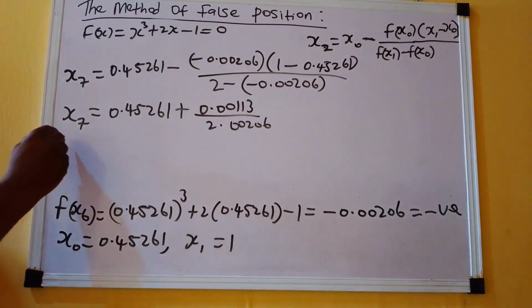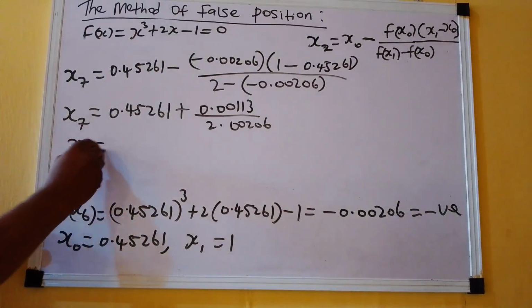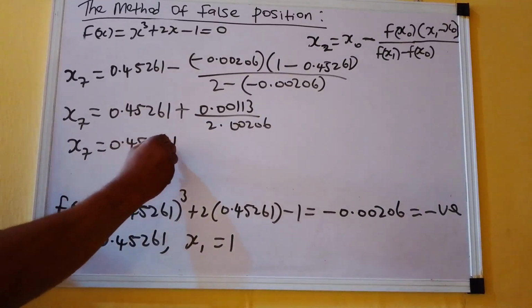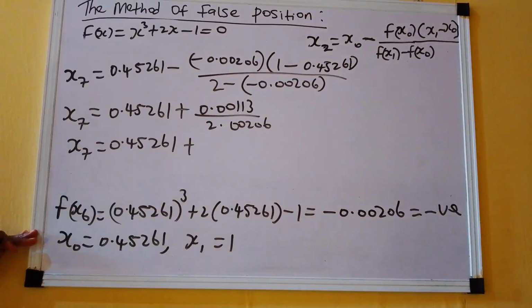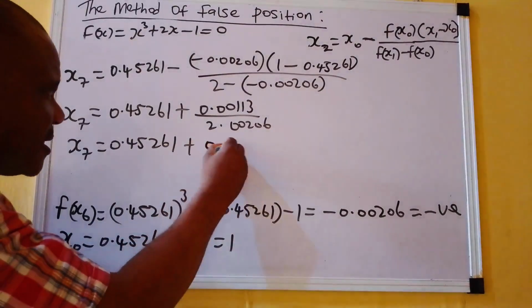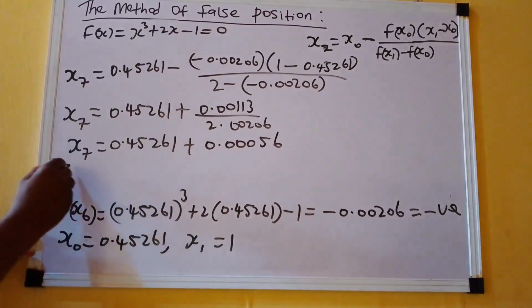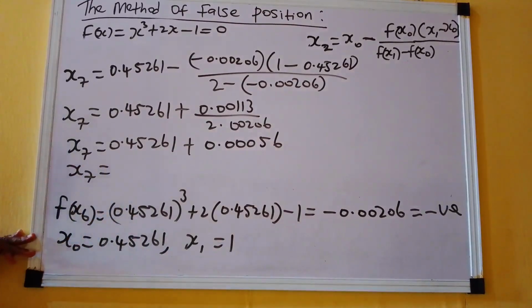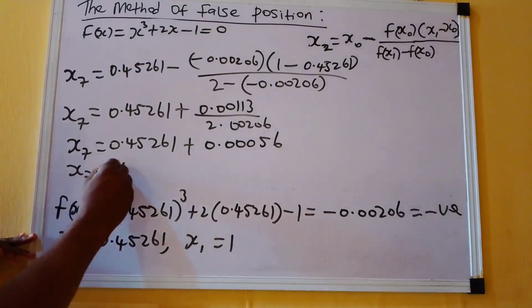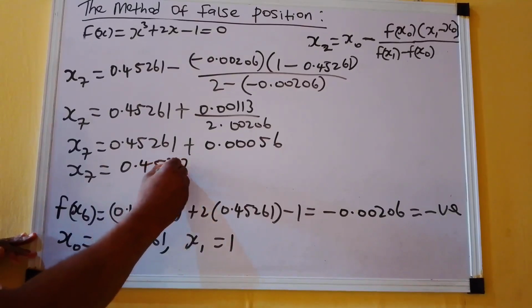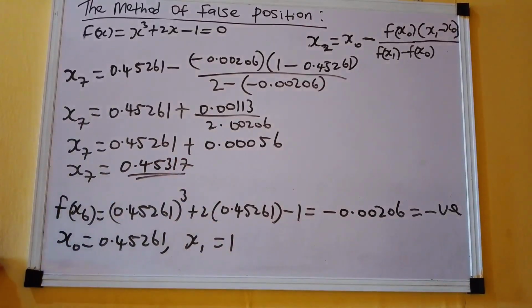So our x7 will be equal to 0.45261 plus, when you divide, 0.00056. When you add that, our x7 will now be equal to 0.45317. So that will be our x7.